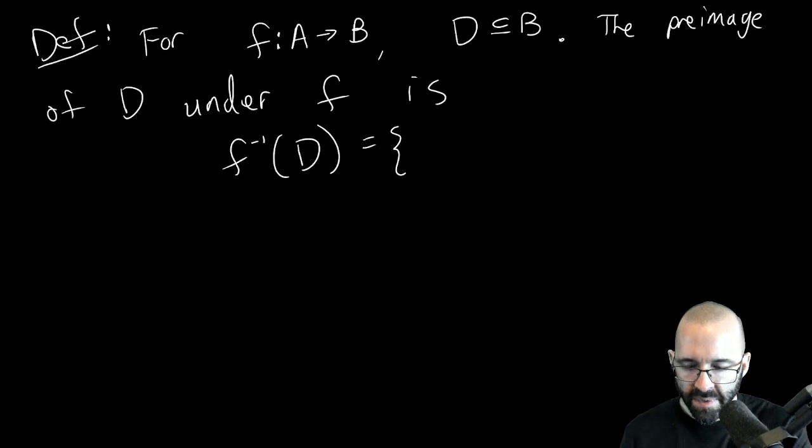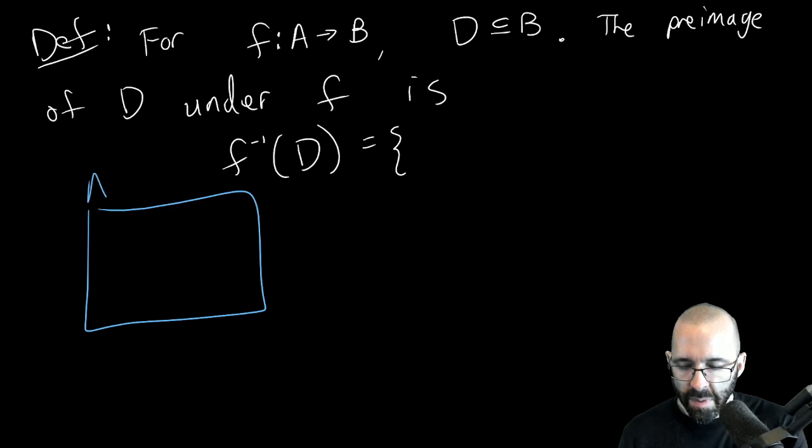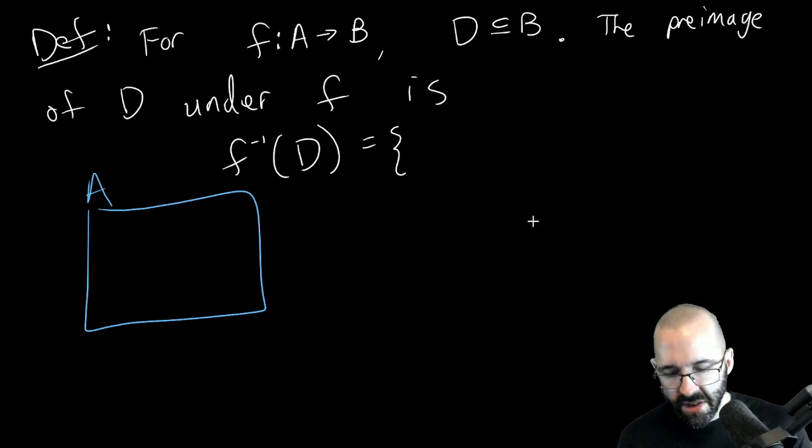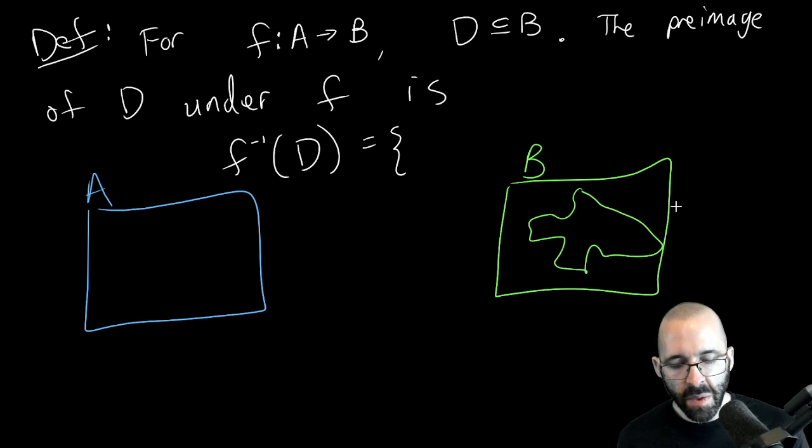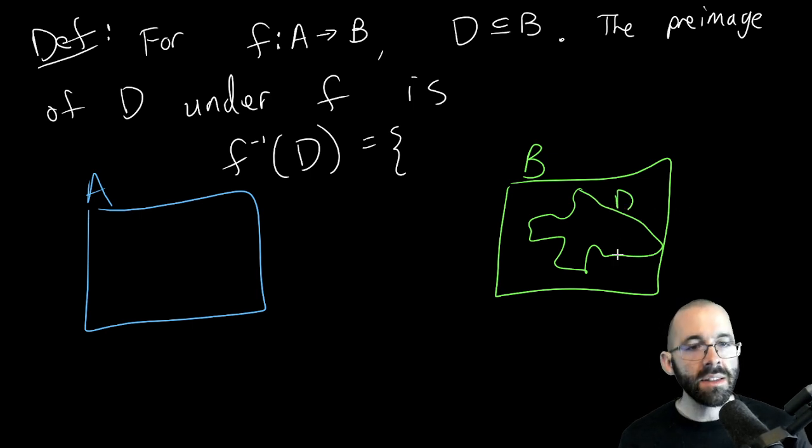Yeah, blue and green. All right, so again, we have some domain A, we have some codomain B, and now we're looking at a subset of the codomain. Let's say that we have some subset of the codomain. It could be any subset that we want. Let's call this subset D. Well, the preimage is just going backwards.